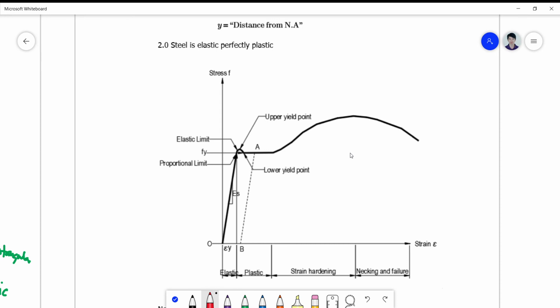In this case, there's what you call the strain hardening and the necking and failure state beyond the plastic range. So our assumption for reinforced concrete is that your steel is just a bilinear plot of an elastic line and a plastic line.